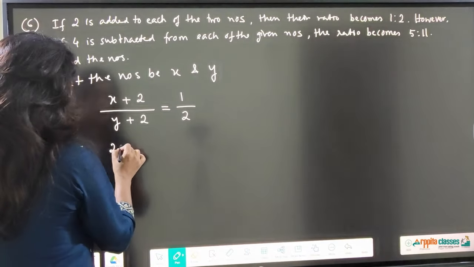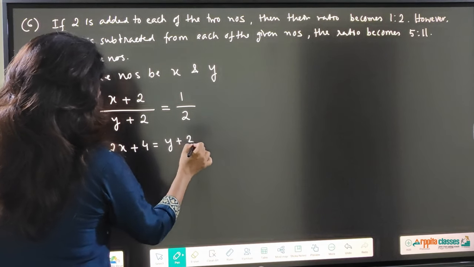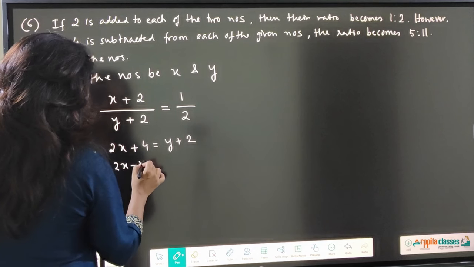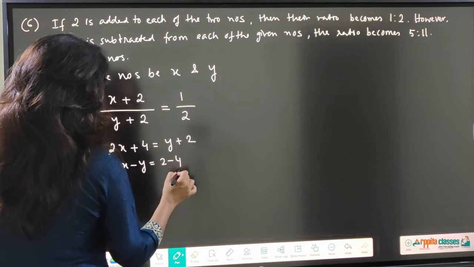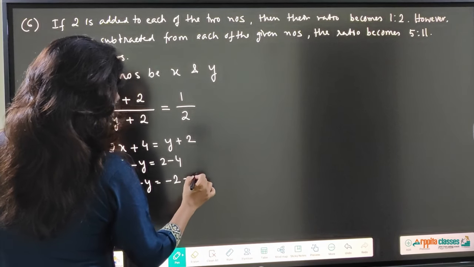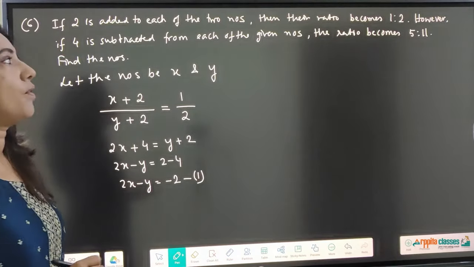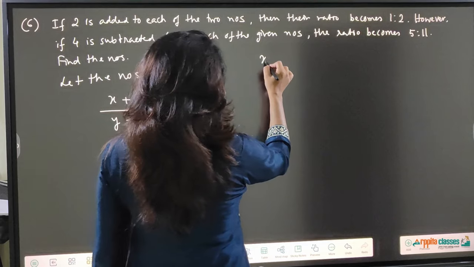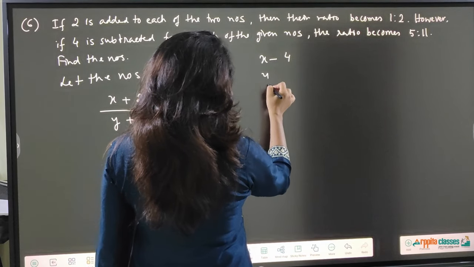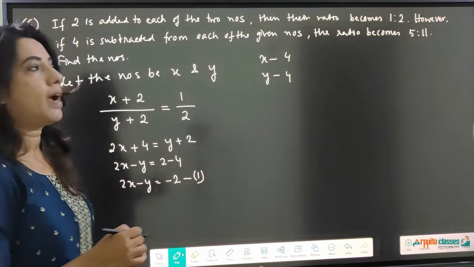Cross multiply: 2x plus 4 is equal to y plus 2, or we get 2x minus y is equal to 2 minus 4. That's 2x minus y is equal to minus 2. This is your first equation. However, if 4 is subtracted from each of the numbers, that means x minus 4 and y minus 4, the ratio becomes 5:11.